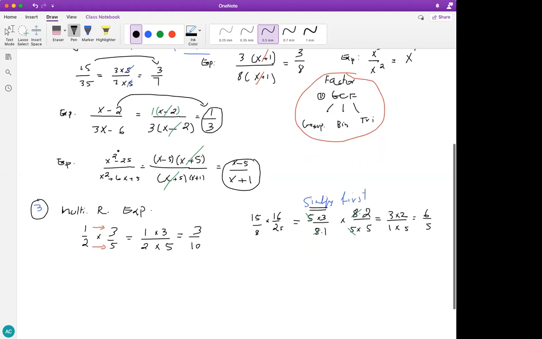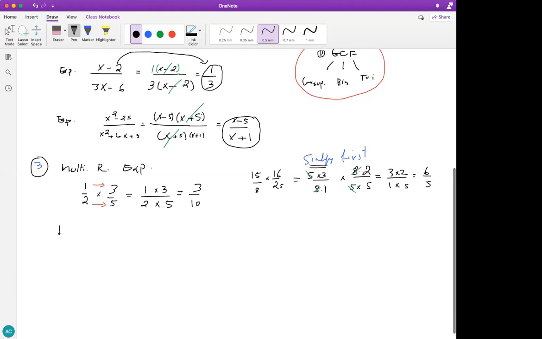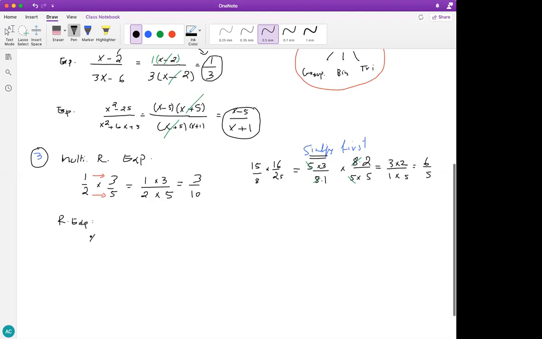Now we're going to see actual examples with this, something like this. So, rational expressions. So we have x minus 4, maybe a number here, and some expression here, 5x squared.